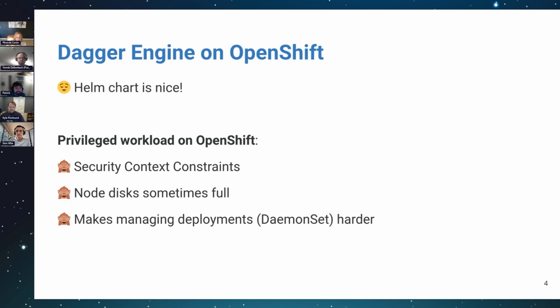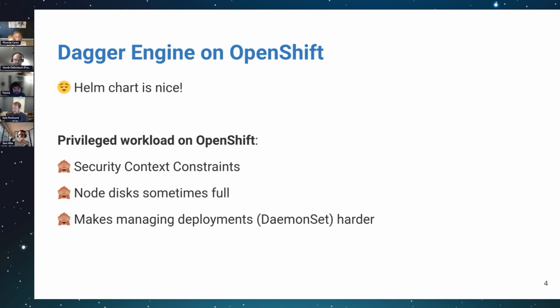The nodes of the OpenShift cluster use SELinux, and a big problem for us as the CI/CD team is that usually we aren't cluster admins. We don't have the cluster admin permissions for the OpenShift cluster. So we rely on the operations team that is responsible for our OpenShift clusters. And to run the Dagger engine, you have to set up security context constraints.